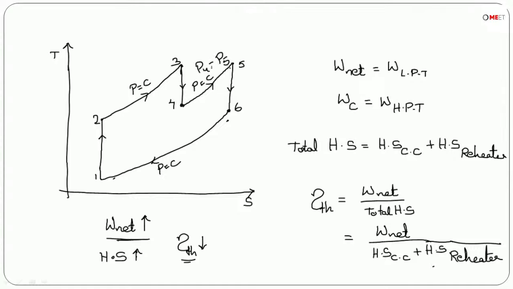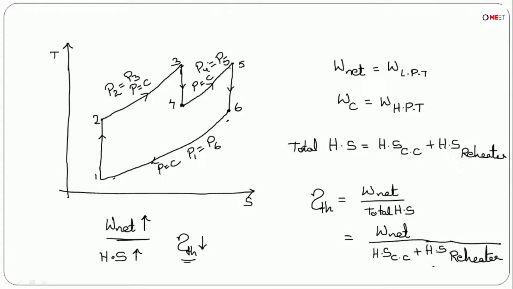So this P4 equal to P5 will be the geometric mean of the maximum pressure and minimum pressure of the cycle. So then only the perfect reheating condition can be obtained. That means perfect reheating has happened is indicated by these temperatures T3 and T5.